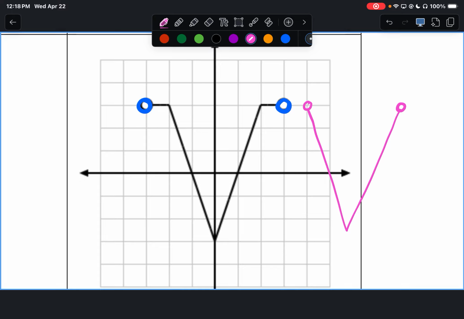No. So for this one, would I use a parentheses or bracket? Parentheses. The reason this is different is because of that little constant piece there at the top. That constant piece gives us a value where it is 3, okay? So that is why that one is the way it is when we use a bracket, not a parentheses.